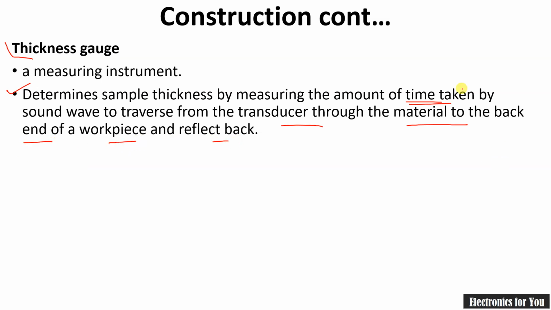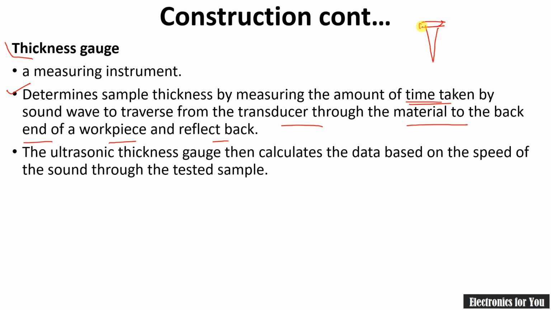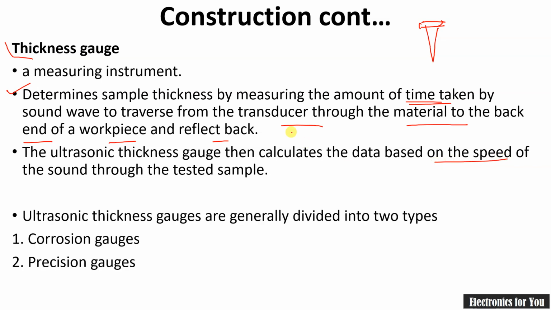So we use the reflected sound wave to measure the thickness of a material. The ultrasonic thickness gauge then calculates the data based on the speed of sound. So we will set the speed of sound here, and it can then measure the thickness of the material. For that, some calculation needs to be done.